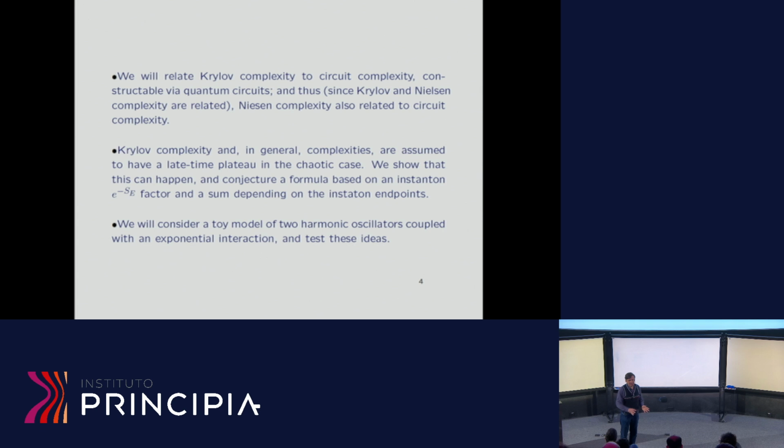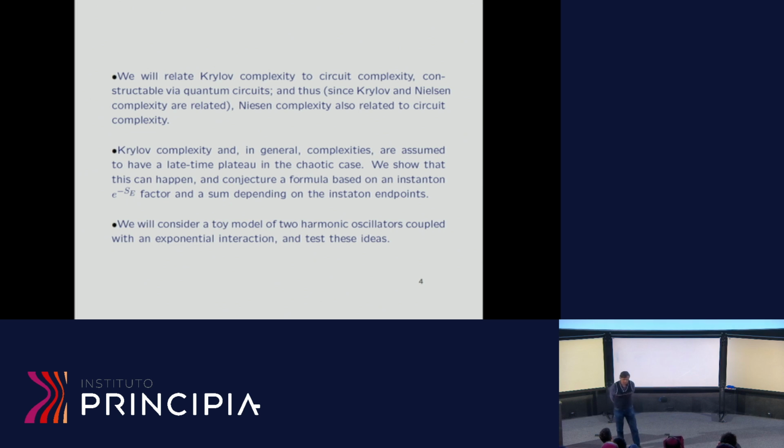Now, the complexity, and in particular the one defined by the Krylov algorithm, is assumed to have a late time plateau, so meaning that as the complexity increases in time, at some point this starts to taper off, and then there's a plateau. But at least this behavior is assumed to happen in the case of a chaotic system.